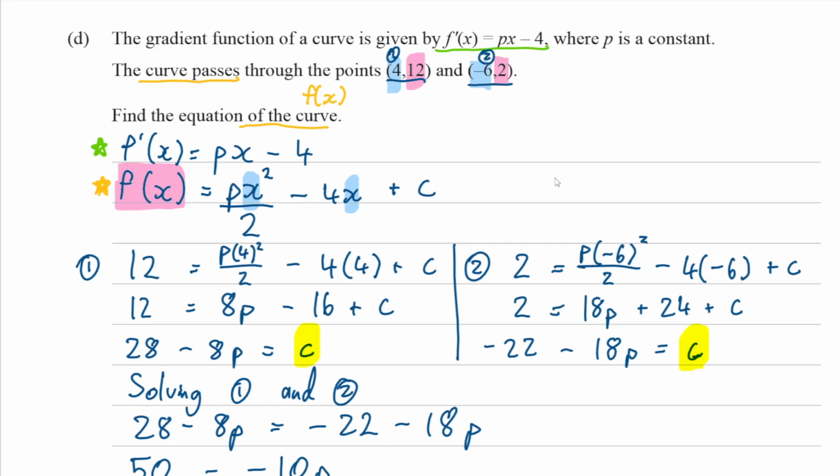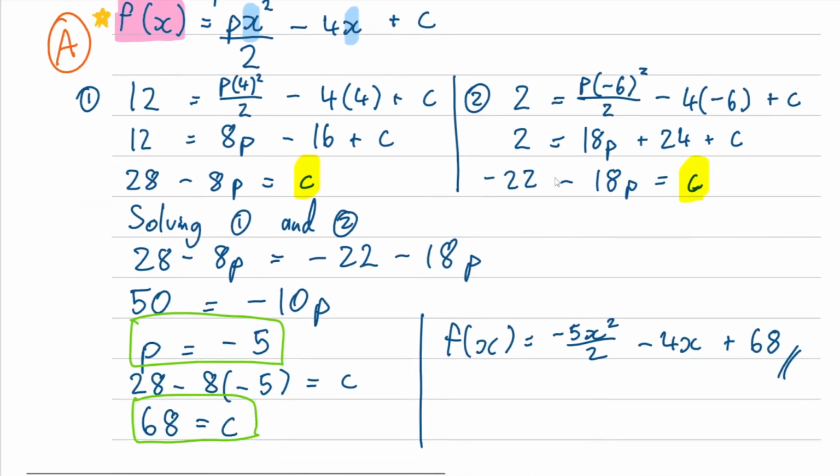And so what that meant is we needed to find two equations to solve. But if you just got up to that orange star, finding the original equation in terms of p and c, that would be achieved. However, to get merit, you then needed to find the two equations, 1 and 2, solve for P and C, and then put it back into the equation to find the final equation.